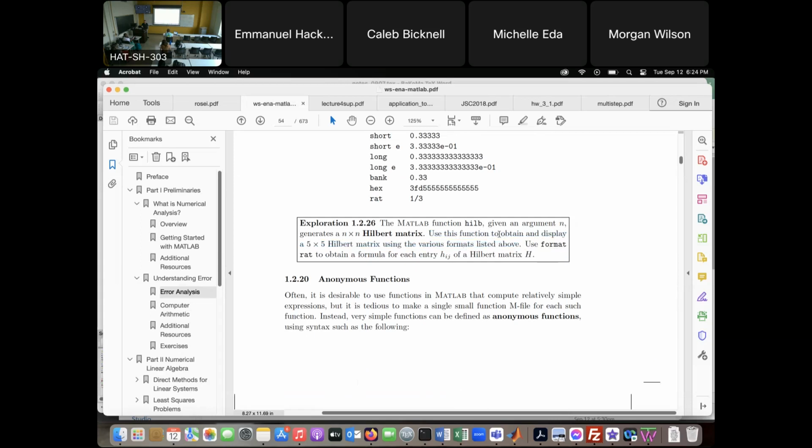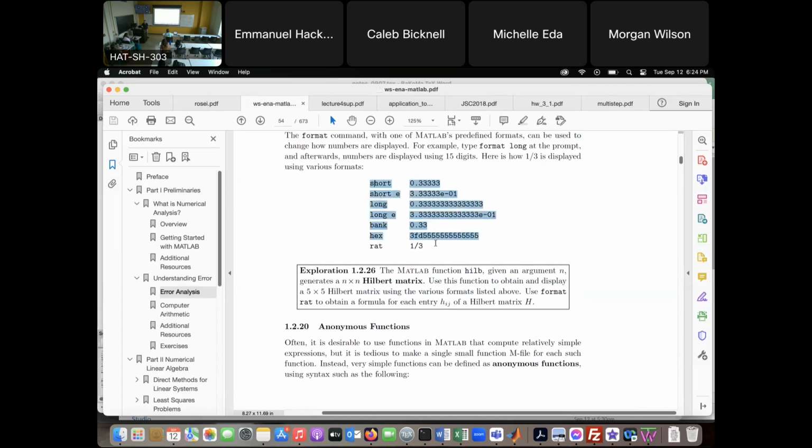The other part of the problem is displaying the Hilbert matrix using various display formats, like these formats right here. If you do format short, or format long, or format bank, those display the same matrix in different ways than my favorite format.